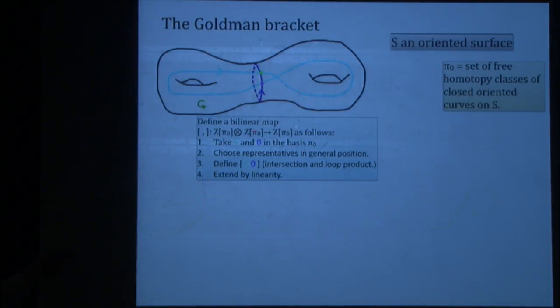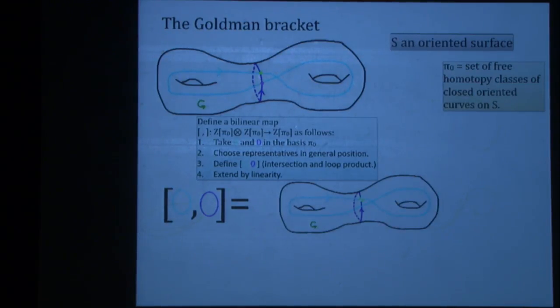Now, this bilinear map will have a term for each intersection point. So each intersection point of these two chosen representatives will determine a term. A term is a certain coefficient and a deformation class of curves. So what are these two?